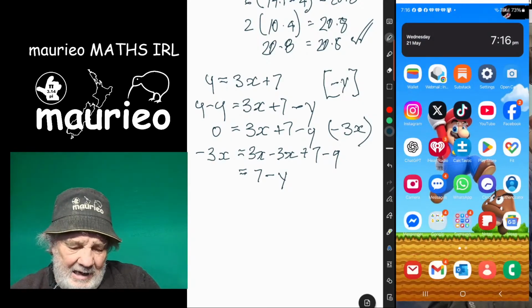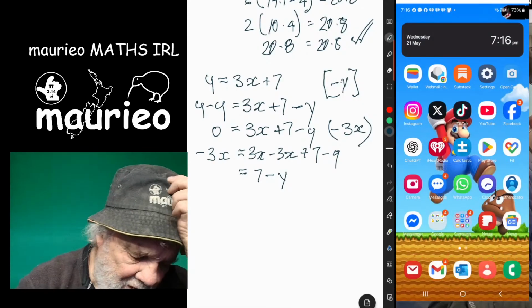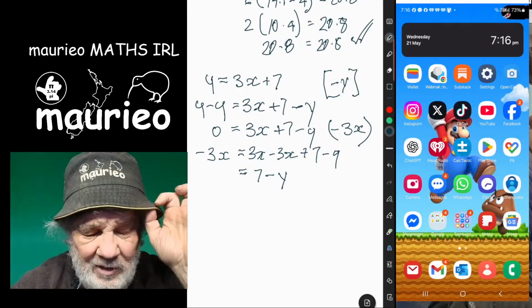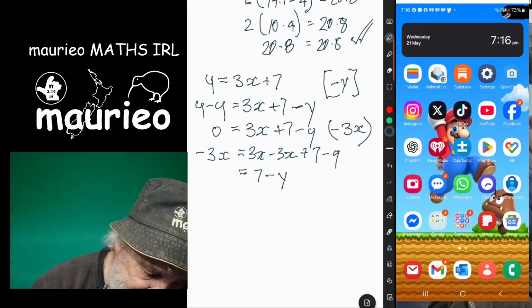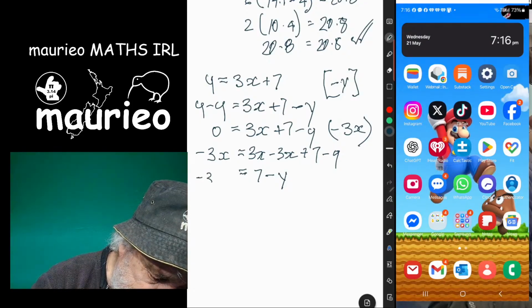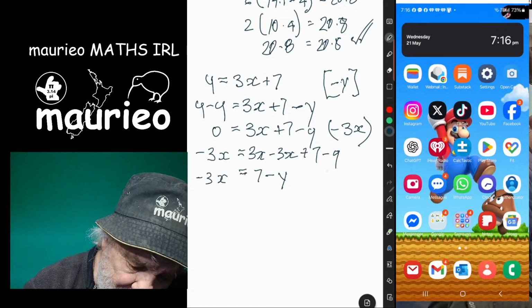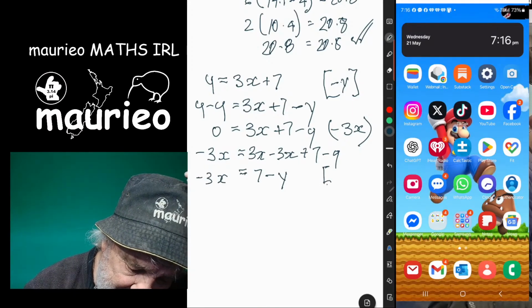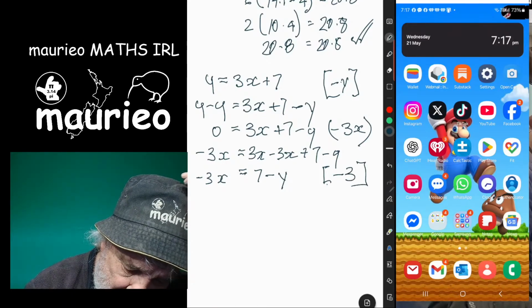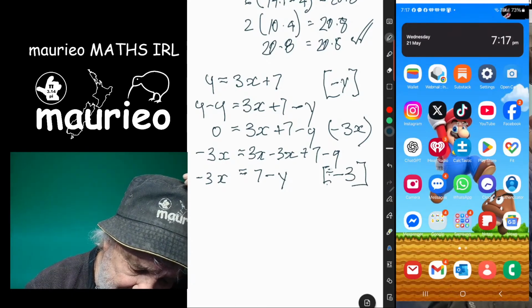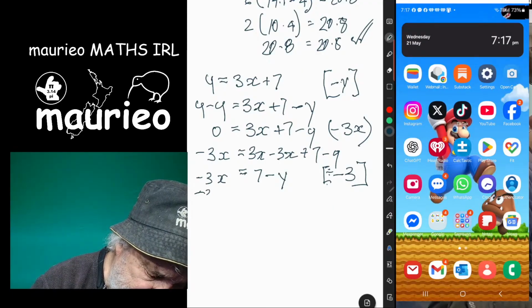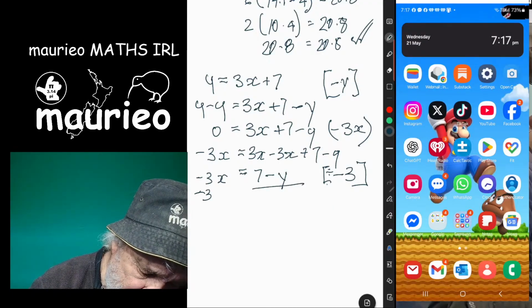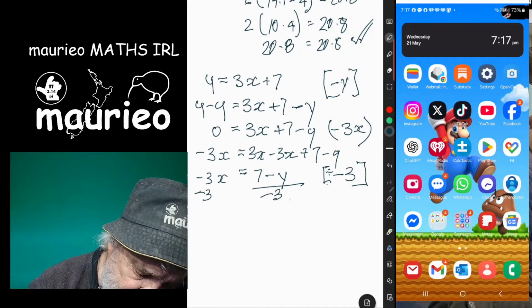Okay, and we've got negative 3x, so we want 1x. So we'll divide through by negative 3. Dividing by negative 3, we go negative 3 here, and negative 3 here.